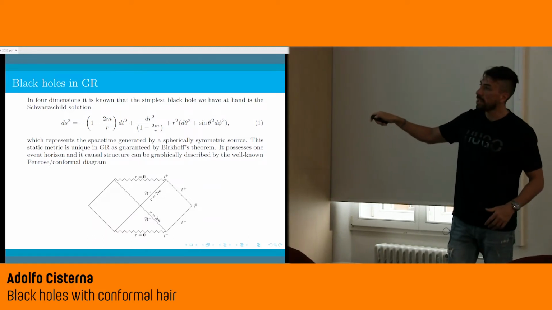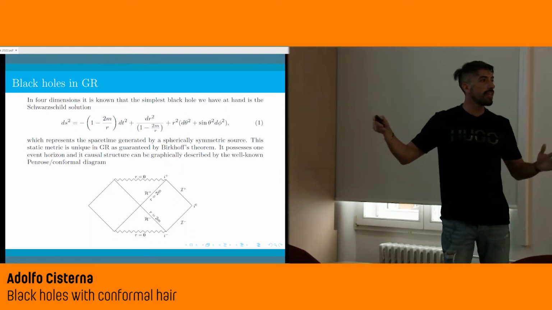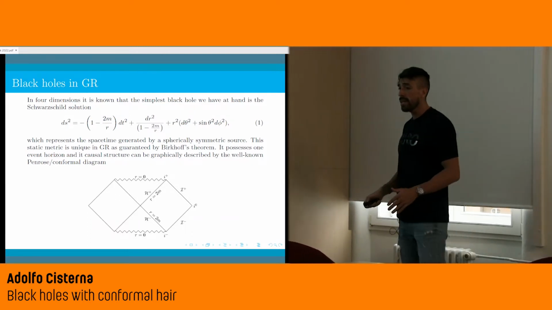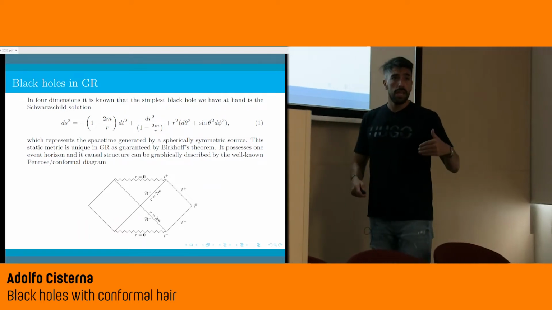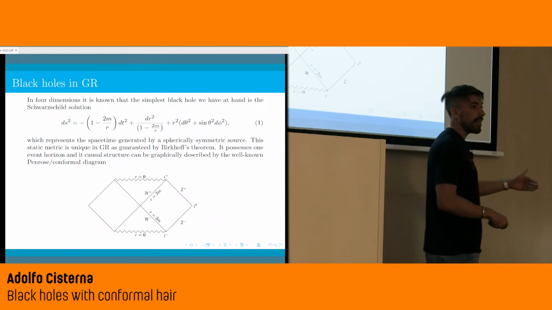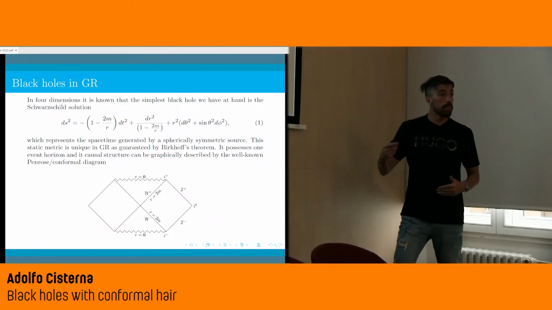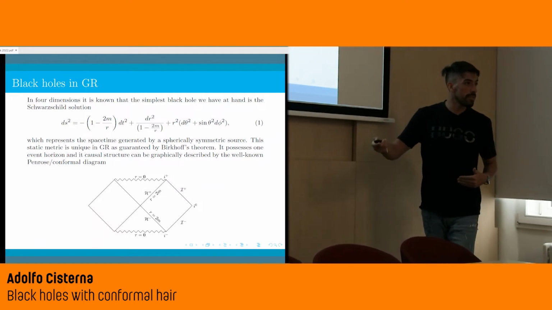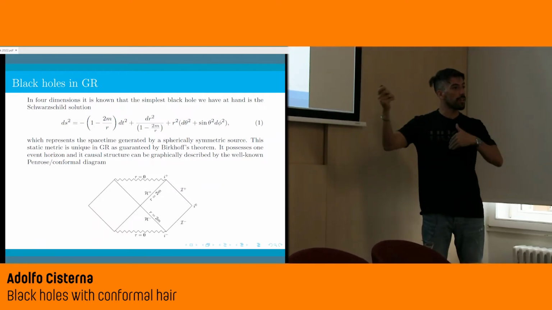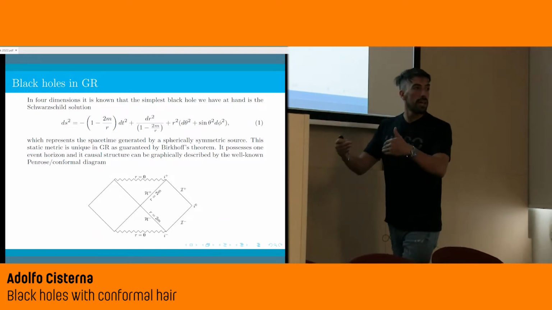What it means is that once I cross here, I am forced to crash into a singularity and I don't have any other option. Why? Because what was a space coordinate, like the radial coordinate, now became time. Okay? And time is always passing, so I cannot stop it. So basically, once I cross the horizon I cannot stop moving until I crash into the singularity.